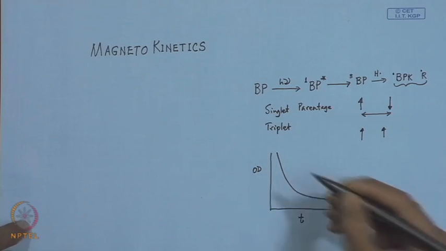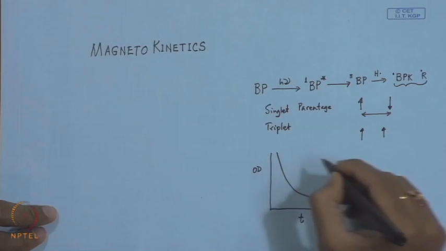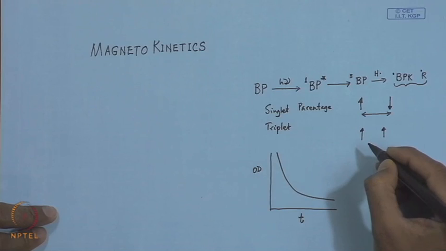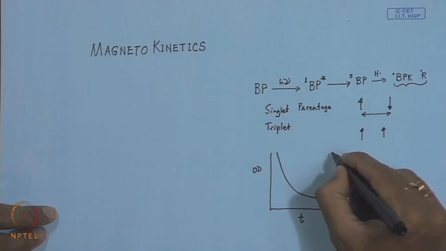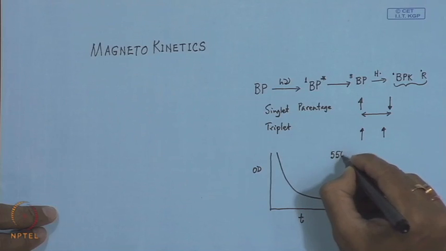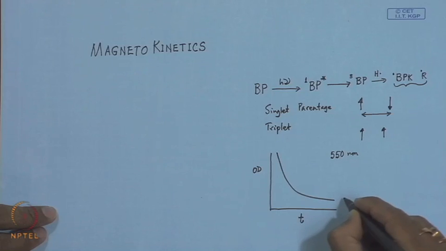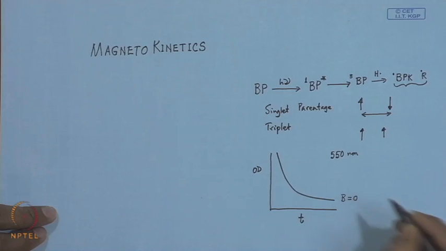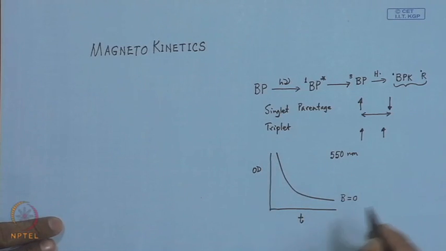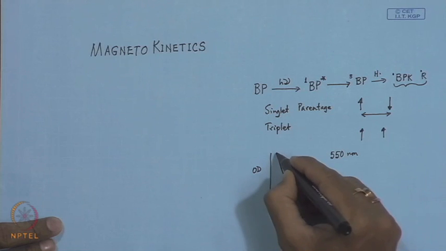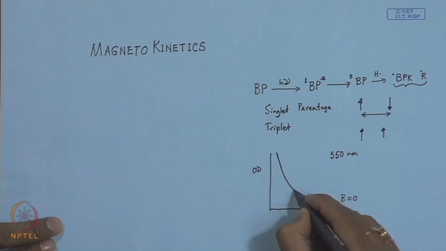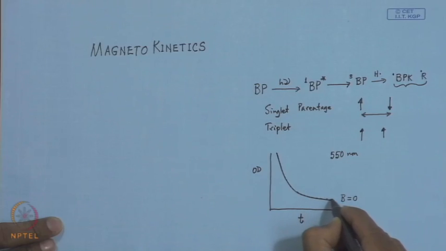If you monitor your signal at, say, 550 nanometer, you will get a decay of this sort in the presence of an external magnetic field B equal to 0. Now you increase your magnetic field. If there is no effect, the new decay profile will merge with the old one.